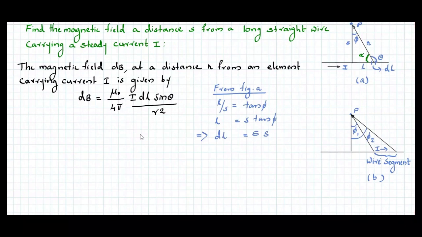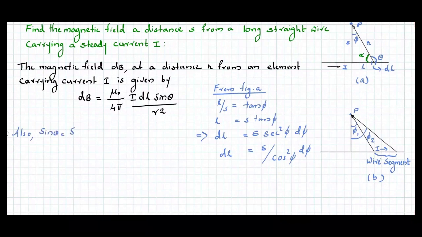How do you find out dl? Just find out what is L and take the differential. We have from the figure A, L equal to s tan phi. Therefore, dl is given by s sec square phi d phi, or this is equal to s by cos square phi d phi. Also, we need to evaluate what is meant by sin theta.